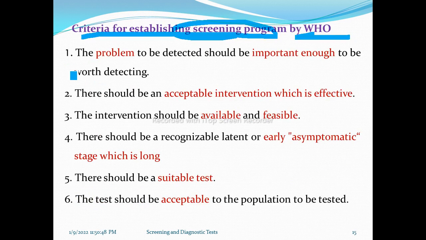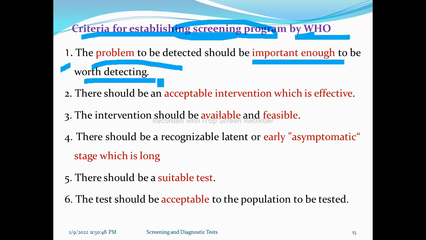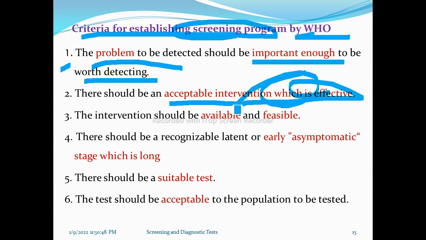From these 10 criteria, the first one is that the problem to be detected or the disease should be important enough to be worth detecting. There should be an acceptable intervention, which is effective intervention or effective treatment. The intervention should be available and feasible.